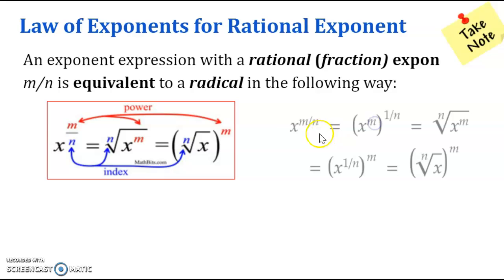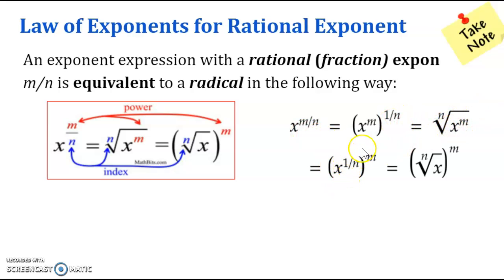Why does this work? Well, I know that x to the power of m over n is the same as x to the power of m multiplied by 1 over n, because m times 1 over n is the same as m over n. And x to the power of m is x to the power of m, and then 1 over n, just from what we have just defined, is the nth root of that.